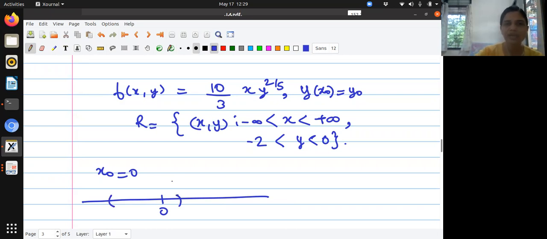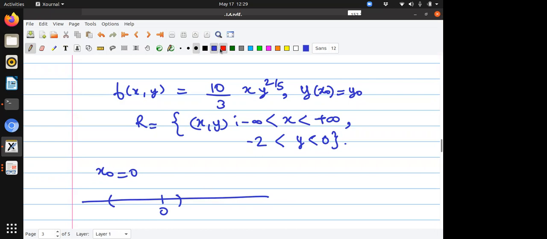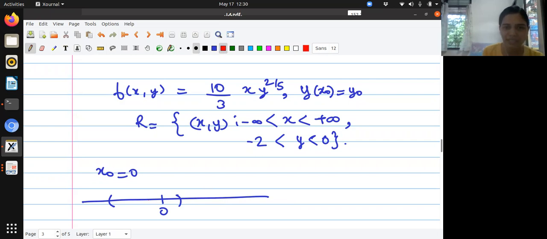Is that okay? On this subinterval, if you don't like -epsilon naught, I can always do this. There's no loss of generality. For any interval around the origin, you can find an epsilon naught such that an interval of the form -epsilon naught to epsilon naught is contained in that interval around the origin. Isn't that true?